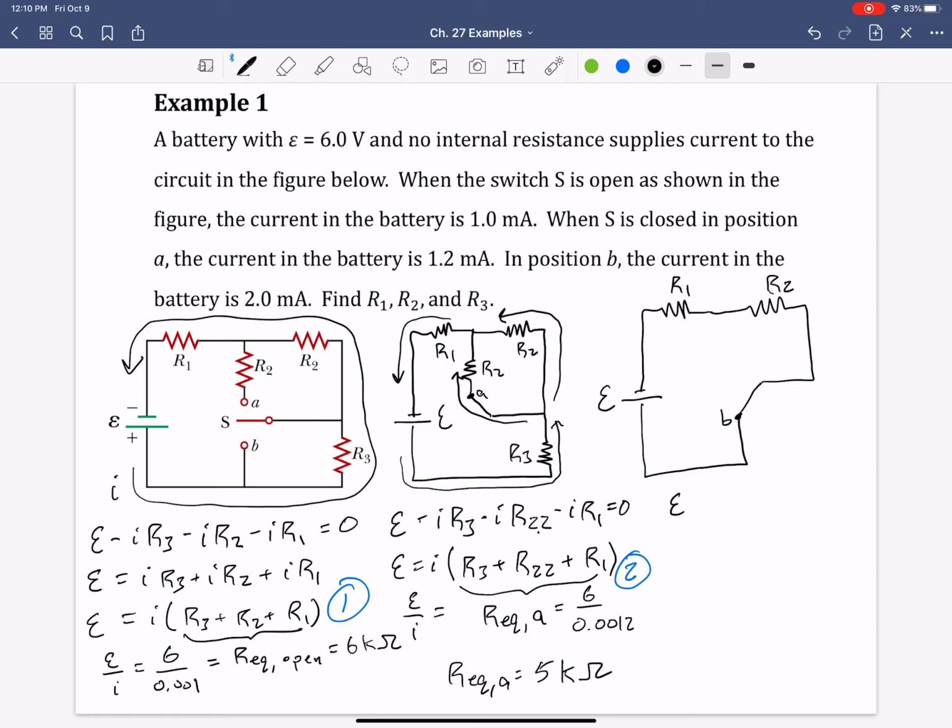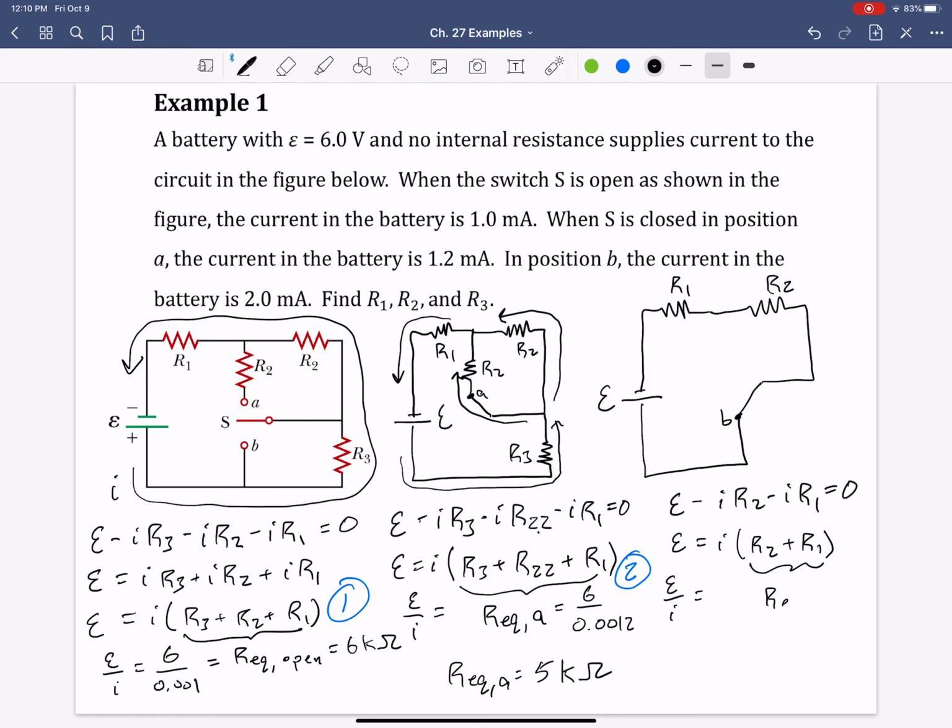We have the initial voltage, EMF, minus the voltage drop across R2, minus the voltage drop across R1, and that's back to 0 again. Okay, and so EMF equals I now times R2 plus R1, and we can do a very similar thing. EMF divided by I, we know this value, or can calculate it.